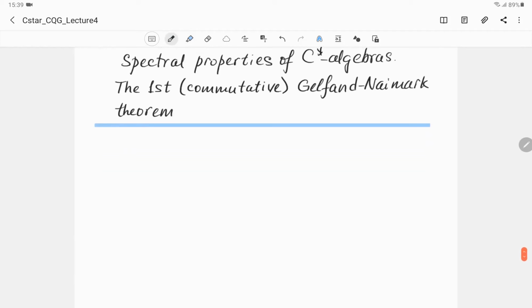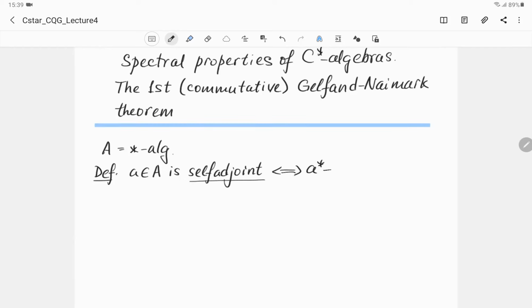So we start with some definitions. Suppose that A is a star algebra. Then we say that an element little a in A is self-adjoint. The name explains itself: a is self-adjoint if a star equals a.